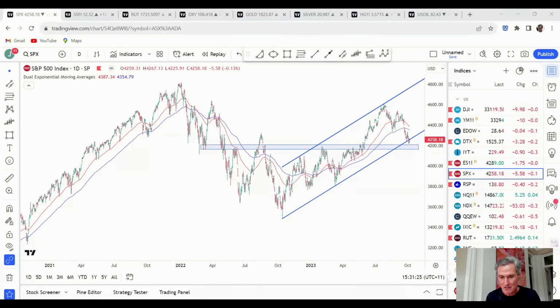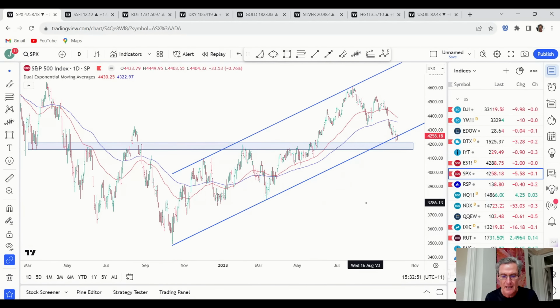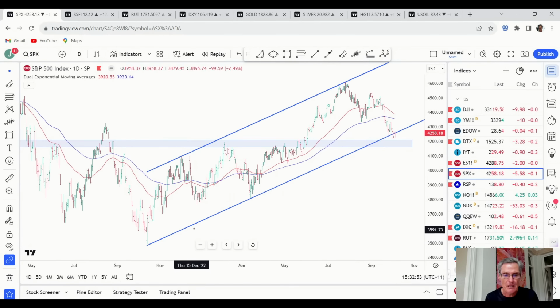With all of that said, let's get into our first chart. So we've got the S&P 500 up on the screen. And this really has been a hugely important week. The integrity of this whole rise from the October low last year is really being tested for the first time in many months.